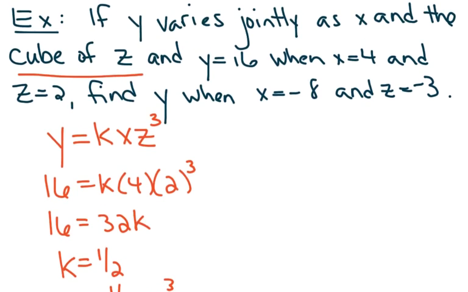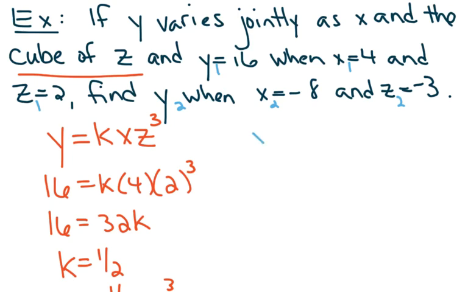If I want to do this using the proportion, I would do, these are x1, y1, and z1. And I want to find y2 when x2 is -8 and z2 is -3. So x1, remember that if it says that z is cubed, z's got to be cubed.